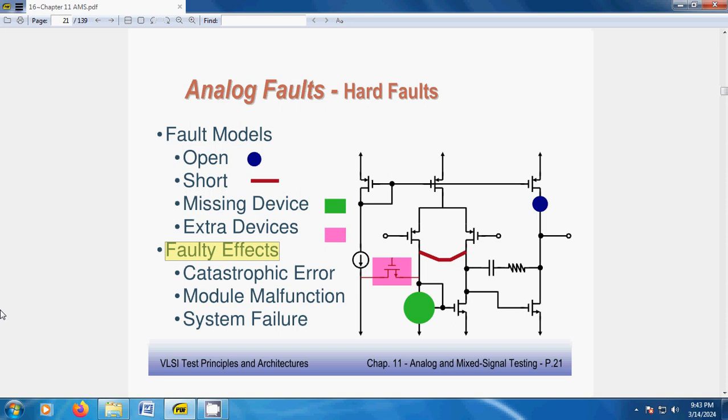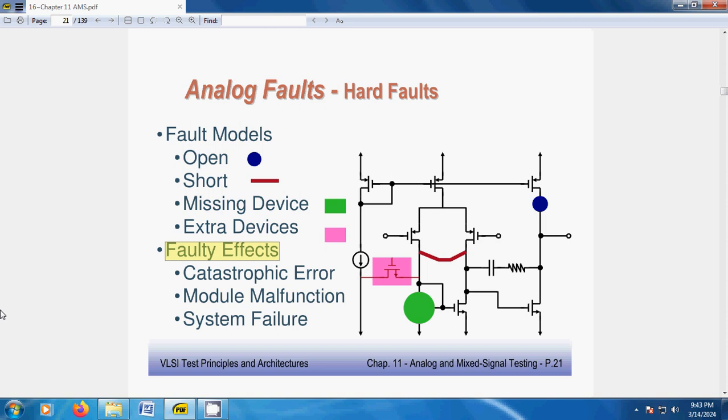These types of errors create a module malfunction. If you have different types of modules, and there is a hard fault within a single module, the total module creates a wrong output, or the total module malfunctions.